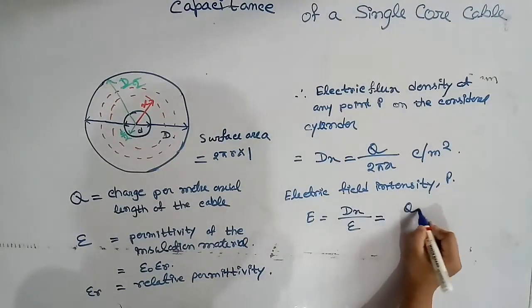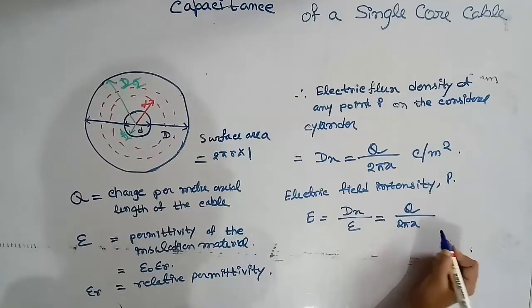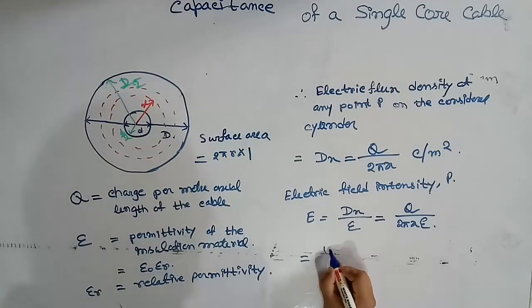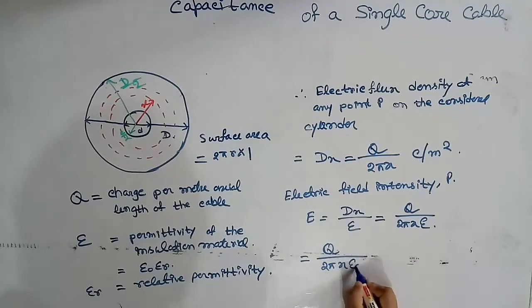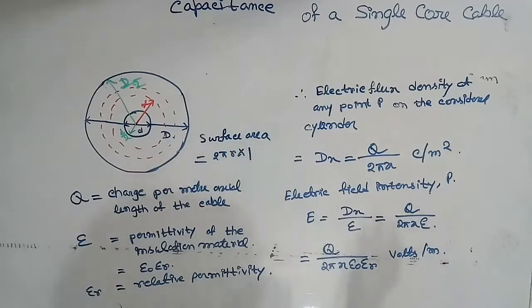So what is the value of electric flux density? Q by 2 pi x. Now further we can break this as Q by 2 pi x epsilon 0 into epsilon r volts per meter.